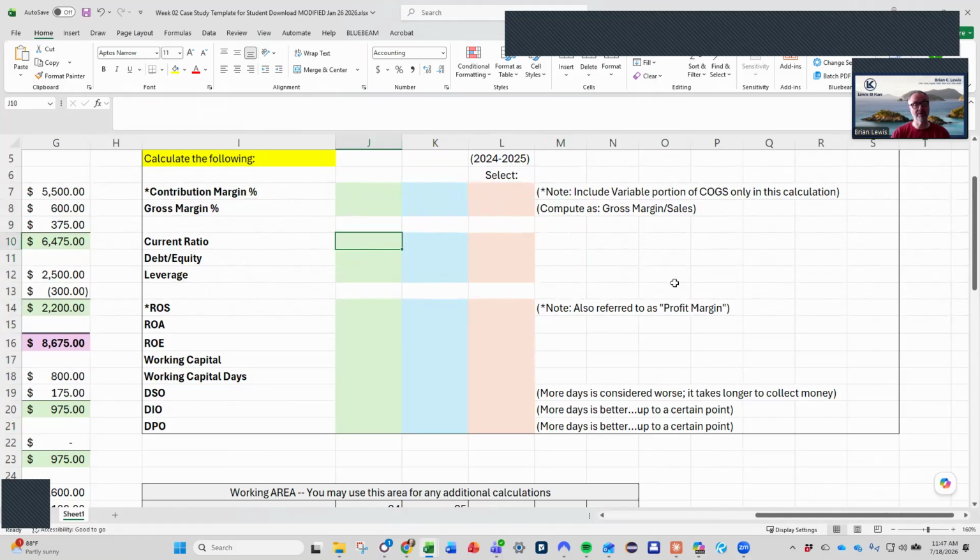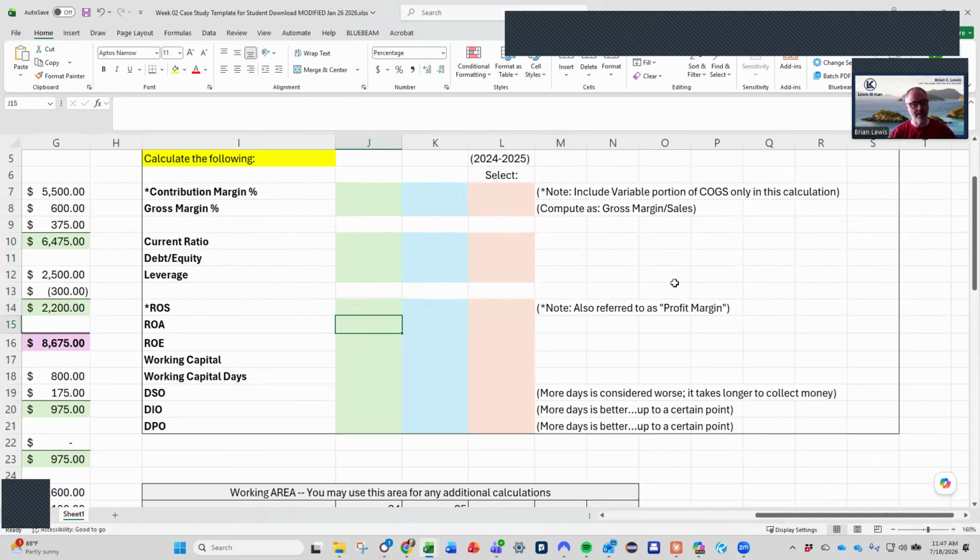The current ratio is on the other assignment that we did, so I will not go over that. Current debt to equity is already there. Leverage is there. Return on sales, which is the profit margin or EBIT, or earning net income as a percent of revenue. That's what that is, which we already covered as well.